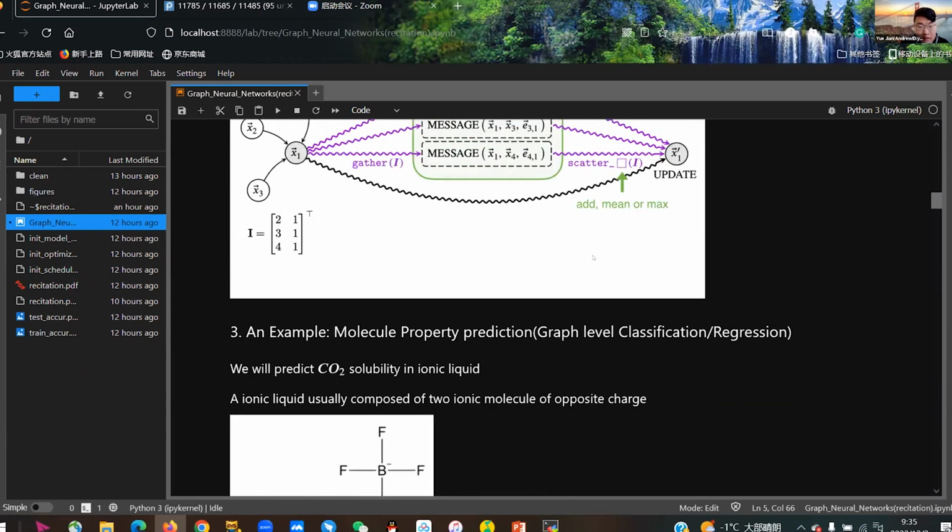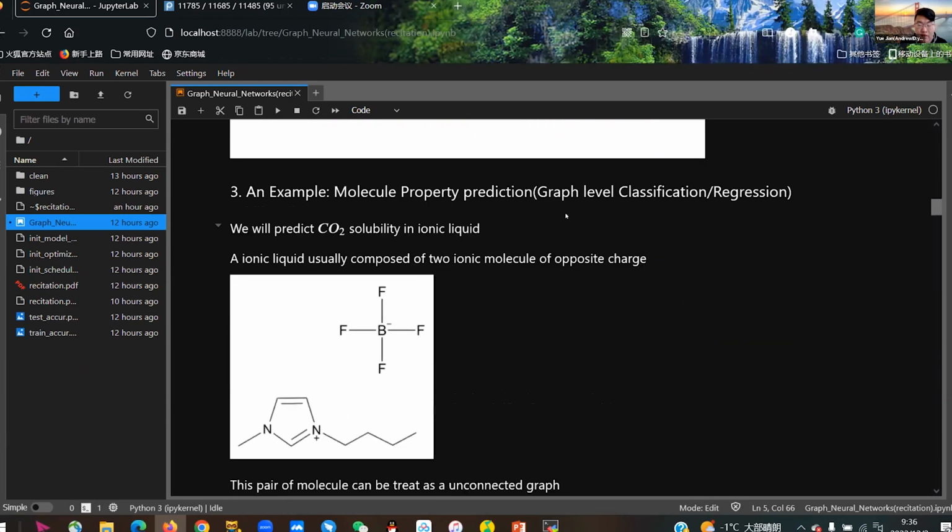So today I prepared one of the examples mentioned in the last class. It is the molecule property prediction, also known as a graph level classification or regression problem. If you still remember, last time during the lecture, there was one problem as an introduction, where we want to predict the carbon dioxide solubility of ionic liquids.